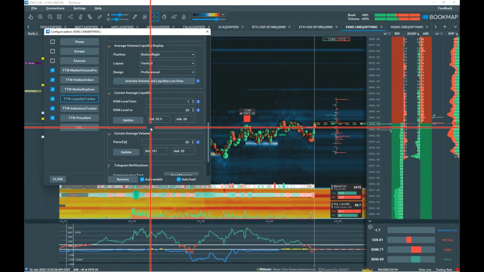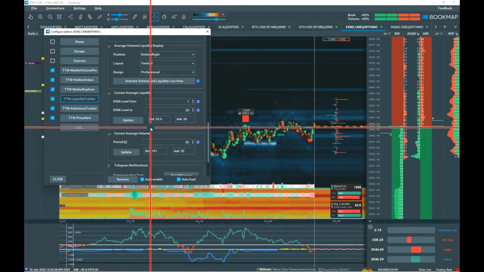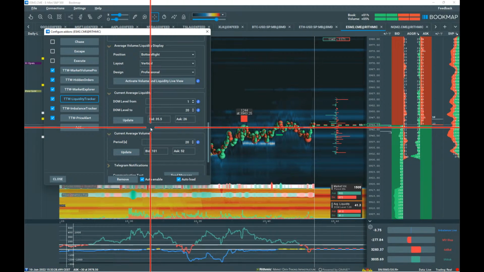The Liquidity Tracker gives you the chance to adjust the measuring of the liquidity and volume of every single instrument. It doesn't really matter whether you have stocks, futures, or cryptos. It is, of course, more reliable when we have so-called thick instruments, that means we have enough volume.